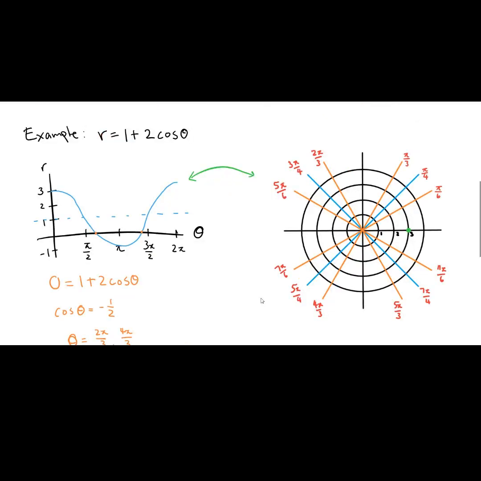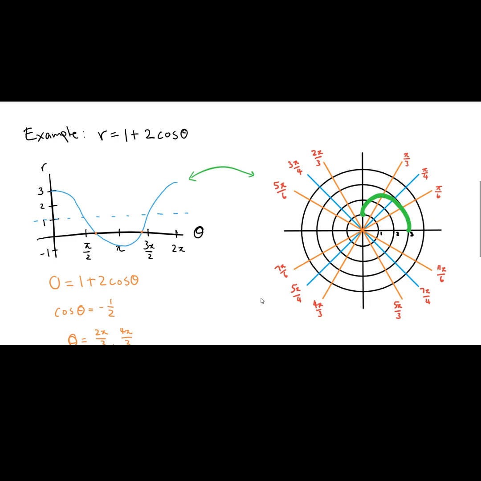As theta goes from 0 to pi over 2, we can see the radius decreasing from 3 to 1. This means that the graph is getting closer and closer to the origin. So first we can label the point 1 comma pi over 2, which looks like this. And so we want to get from 3 comma 0 to 1 comma pi over 2 with the radius decreasing. So it's going to look something like this.